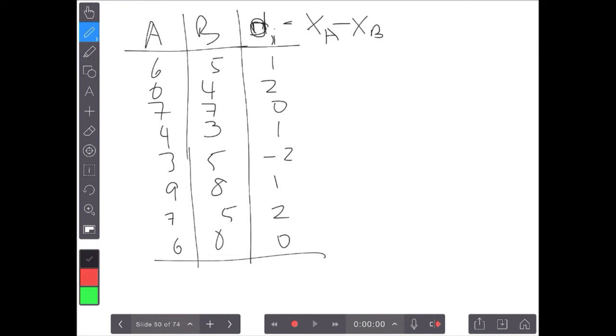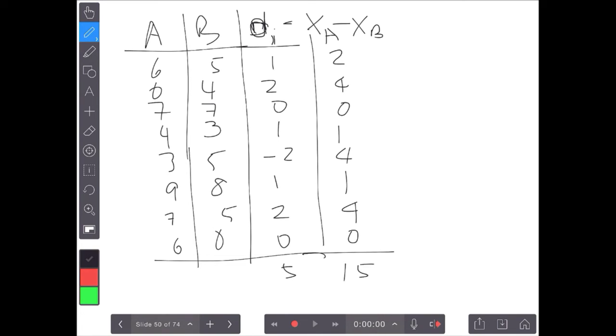If I add that all up, the sum of those values turns out to be 5. And then if I square these values, this is 1, this is 4, this is 0, this is 1, this is 4, this is 1, this is 4, this is 0. If I add this up, this turns out to be 15. So the sum of d_i is 5. The sum of d_i squared is 15.